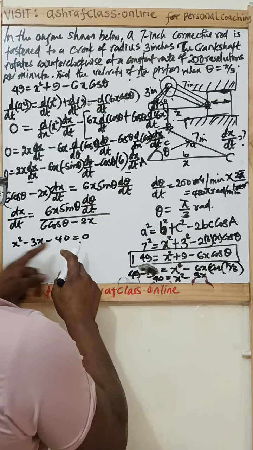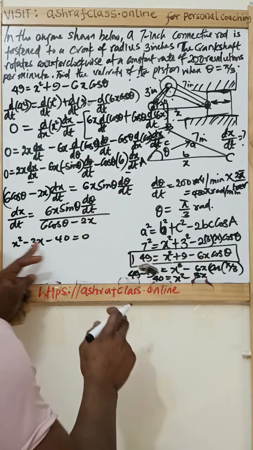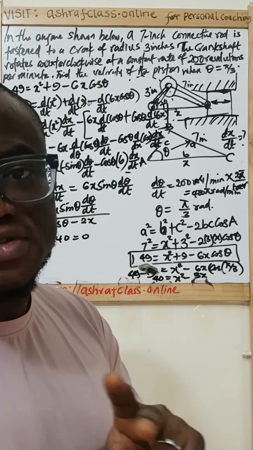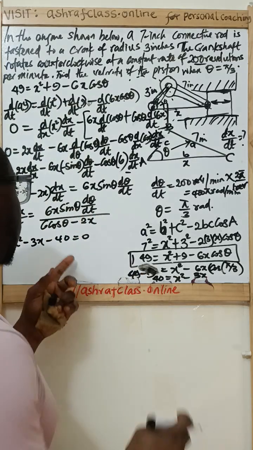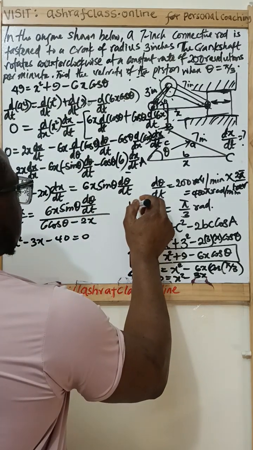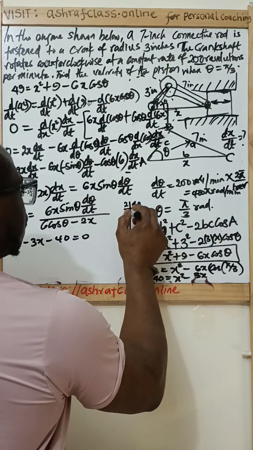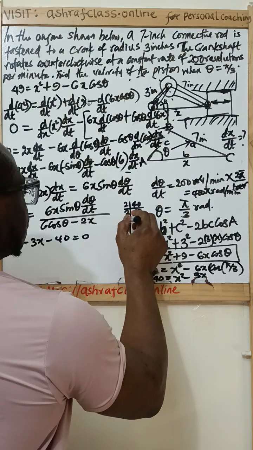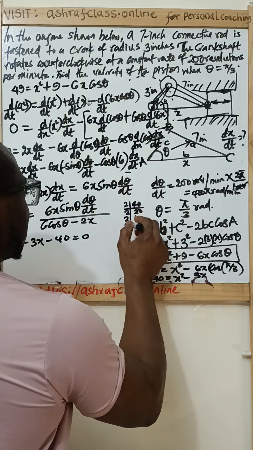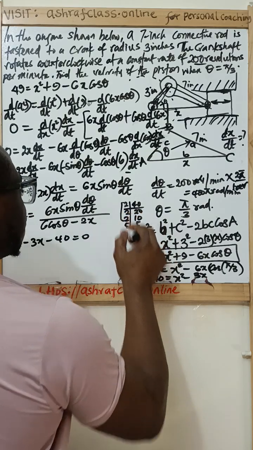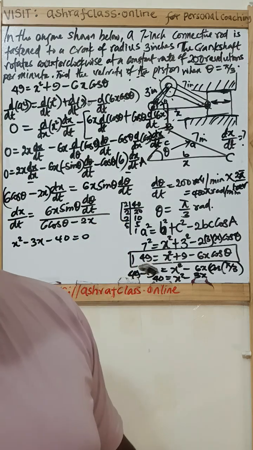What are the factors of 40? That is 1 times minus 40, the product of the first and the last term. So that was minus 40. If you take 40, you find the LCM, 2 in 40, that will be 20, 2 in 20, that will be 10, 2 in 10, that will be 5, 5 in 5, that will be 1. If you combine these, 2 times 2 times 2, that's 8.